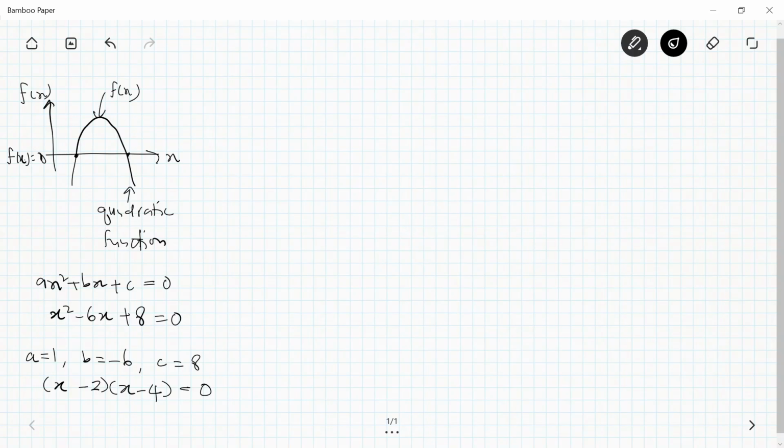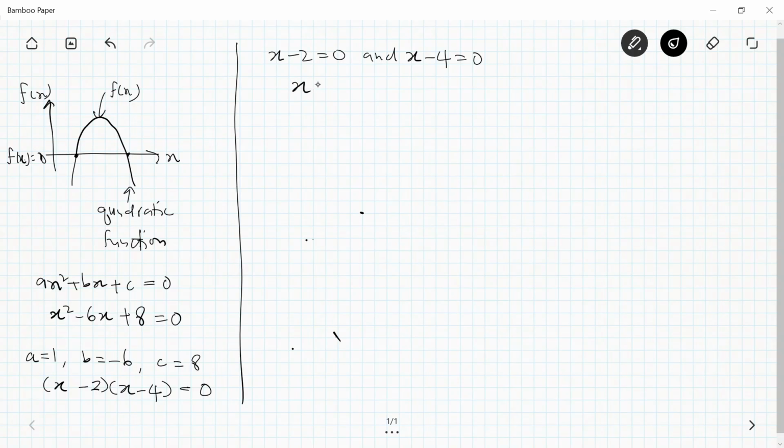So the root here is x equal to 2, because, let's do this the longer way. We can see that in this case, x minus 2 equal to 0, and x minus 4 equal to 0.